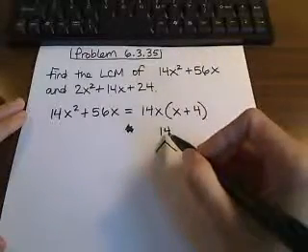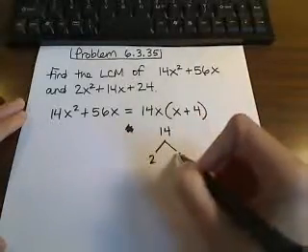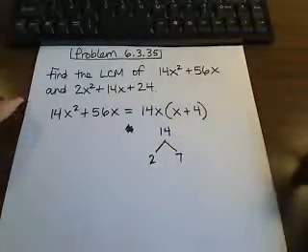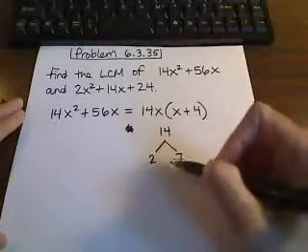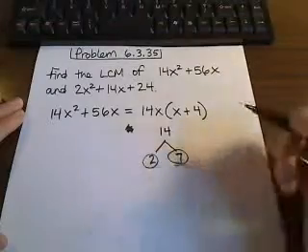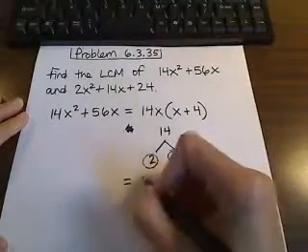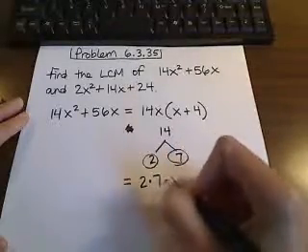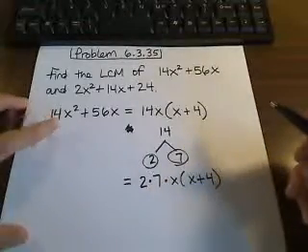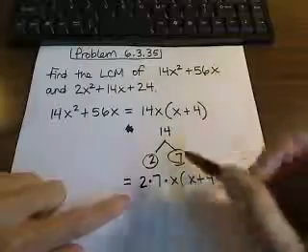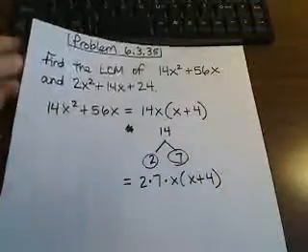With a tree diagram, we take this number and break it down into any two numbers that multiply to give you 14, except 1 and 14, but anything else. So 2 and 7. Then we notice that 2 and 7 are both prime numbers, so they don't go any further. The prime factored form for 14 then is 2 times 7. Okay, so this being fully factored looks like this, and when we're trying to identify the LCM, we want it to look this way, and you'll see why in a minute.